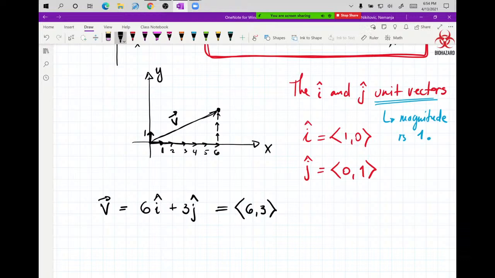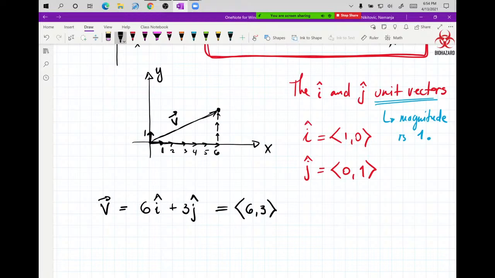So now you have two different representations to show your vector.